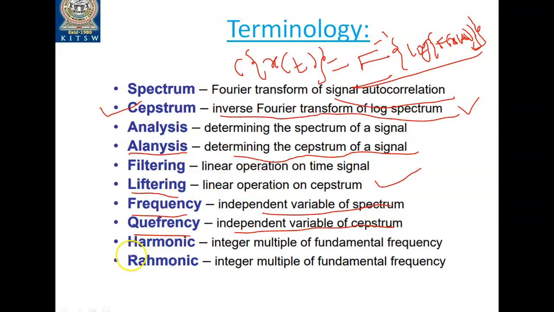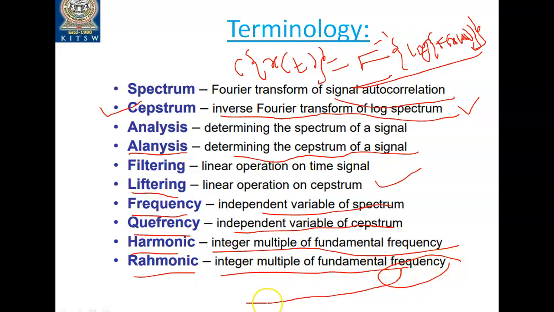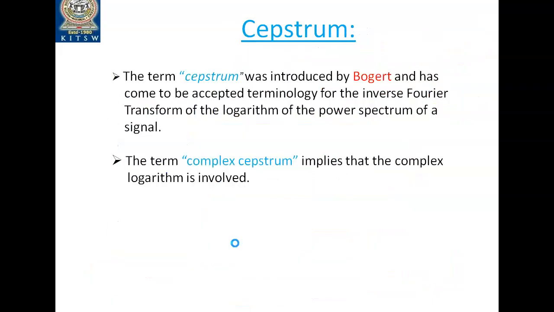A harmonic is an integer multiple of the fundamental frequency, but in the cepstral domain we call it a rahmonic, an integer multiple of the fundamental quefrency. Okay, there is a mistake here, this is a quefrency. So this is what we are going to look at to understand the cepstrum, what a real cepstrum is, what a complex cepstrum is, and what the properties are.